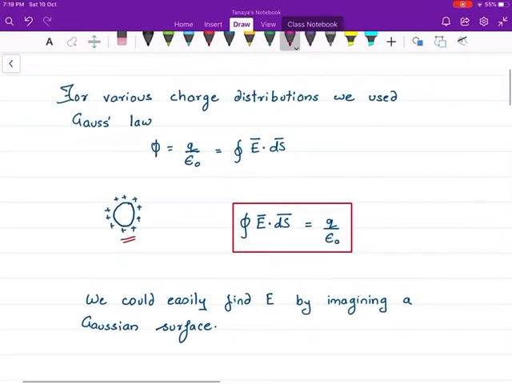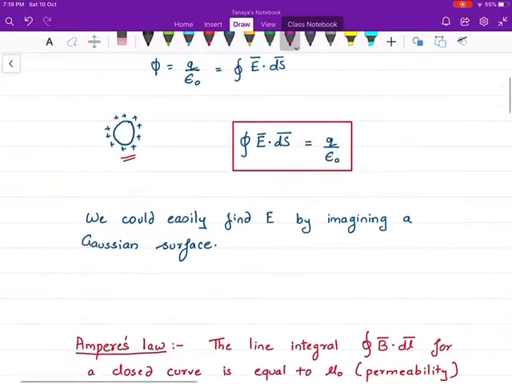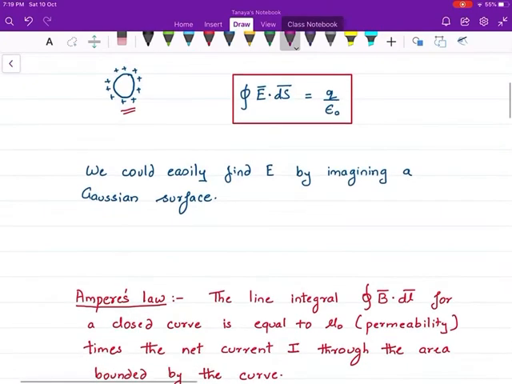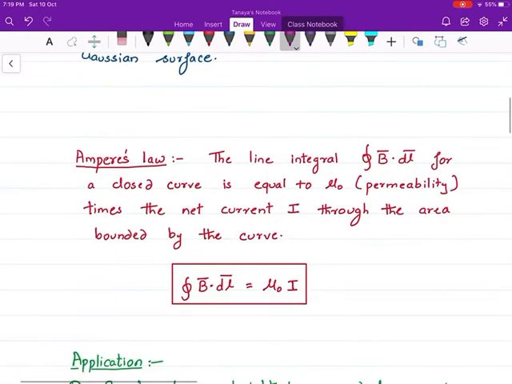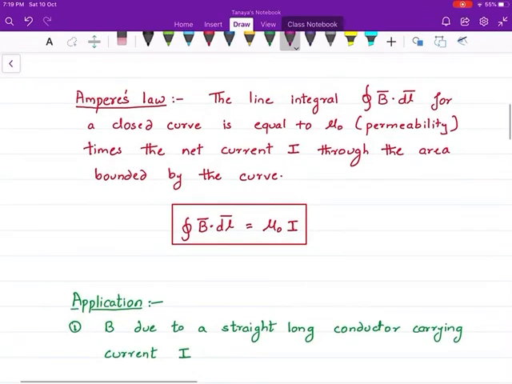So as you have seen, you would have realized that there is a correlation between electrostatics and magnetism. Just like that, we have Ampere's law to find the magnetic field intensity at any given point due to a distribution of currents.